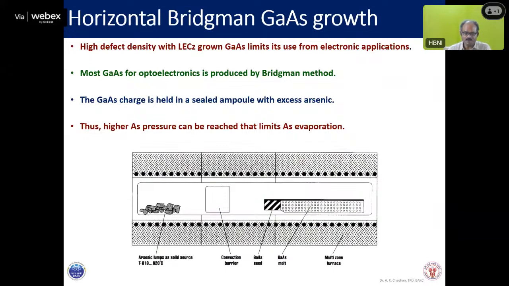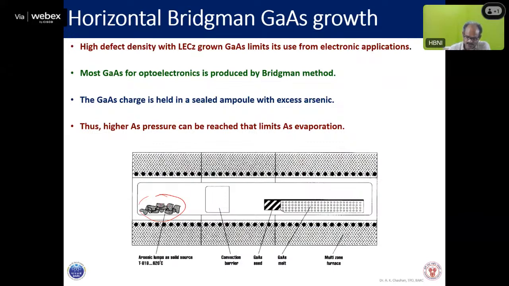Gallium arsenide can be grown by the horizontal Bridgman method, and for this you have a furnace. It is like this, and you have gallium arsenide in the molten state here, and then you have placed a gallium arsenide seed here, and you have placed a lot of arsenic bumps.